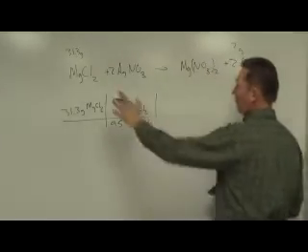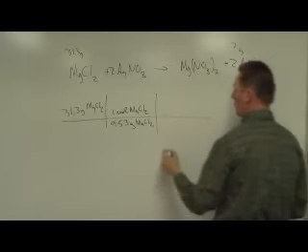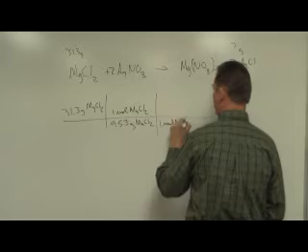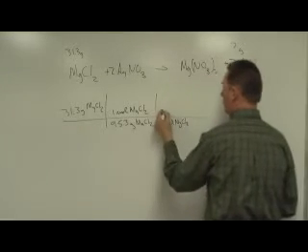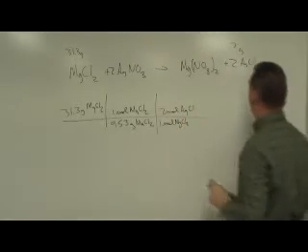Now, through the ratio of our coefficients, we see it's 1 mole MgCl2 to 2 moles of silver chloride. We put the 1 mole magnesium chloride in the denominator. We put the 2 moles of silver chloride in the numerator.